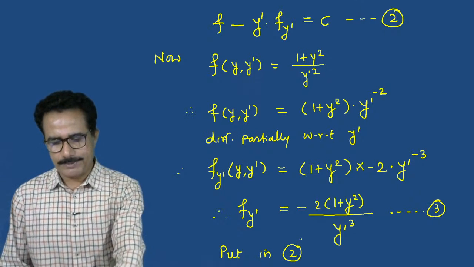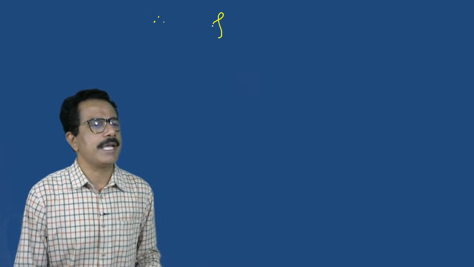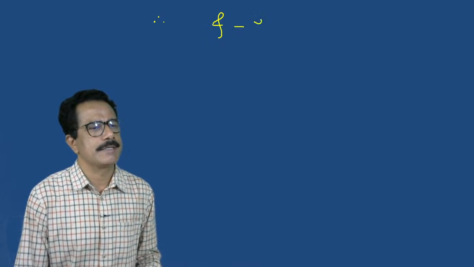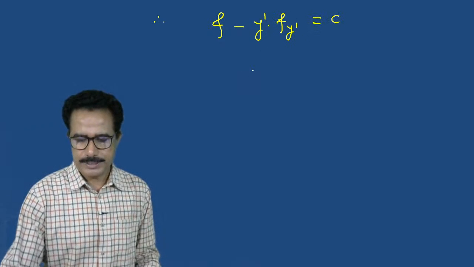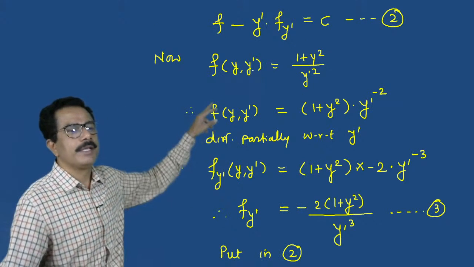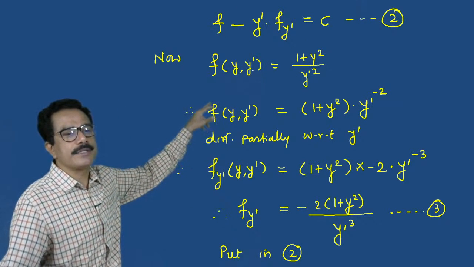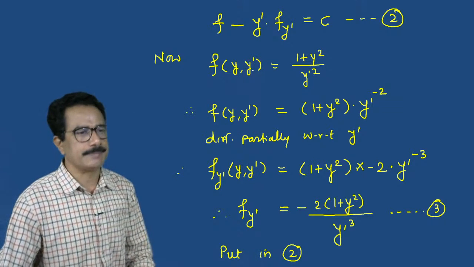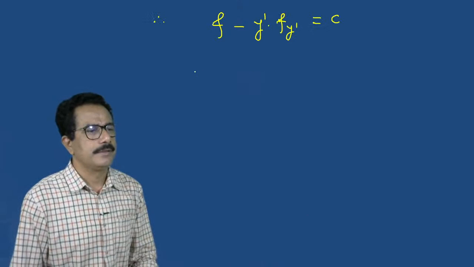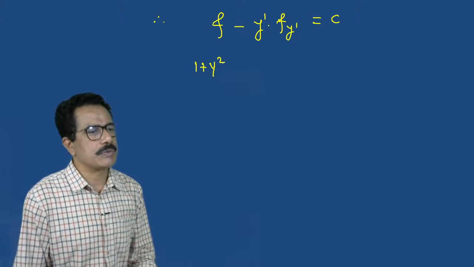Now put it in 2. After putting it in 2, what happens: f minus y dash into fy dash, which is equal to c. Put the value of f. F means 1 plus y square divided by y dash square.